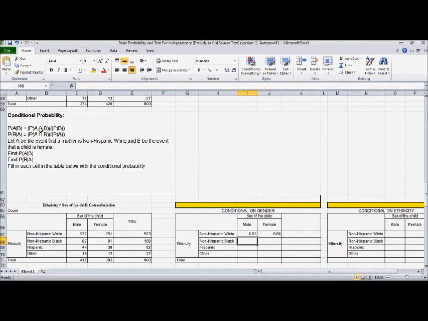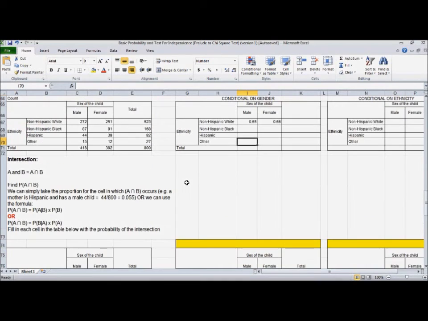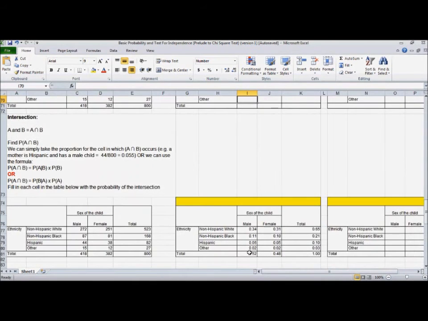In the formula, it's the intersection, meaning that cell, divided by the probability of B. So if we were saying given B, and B being male, we would constantly be dividing by the probability of male. So we can keep that constant here, right?